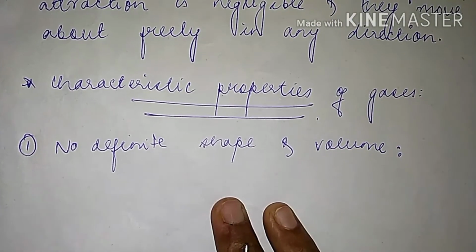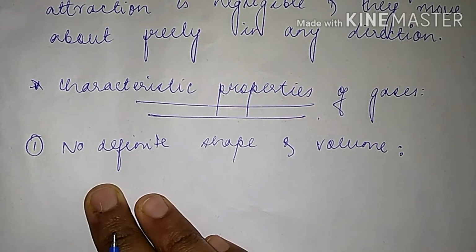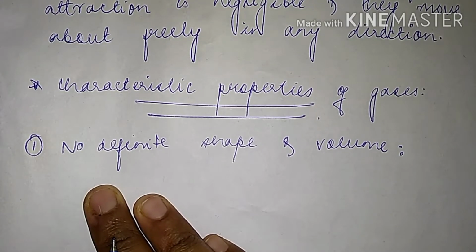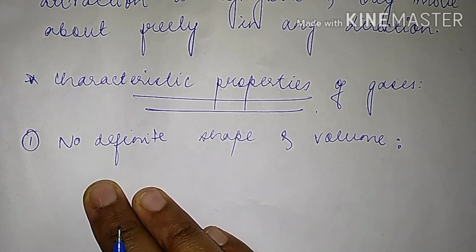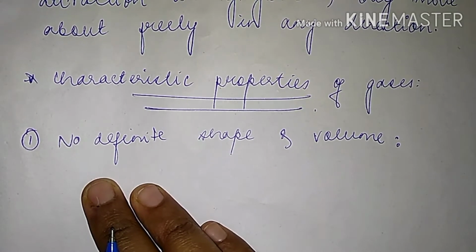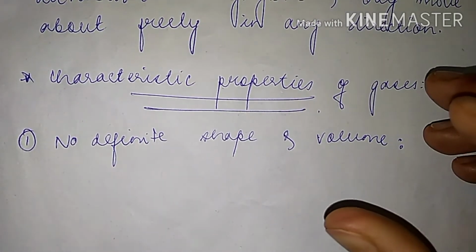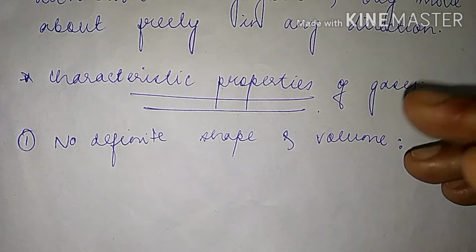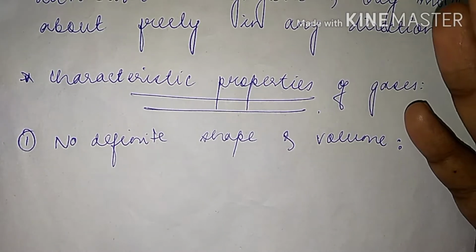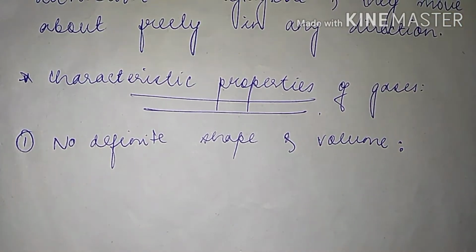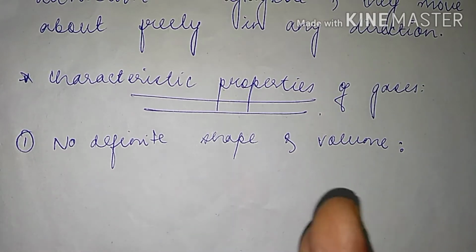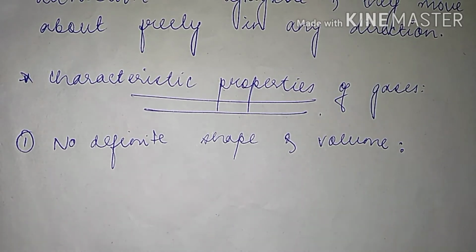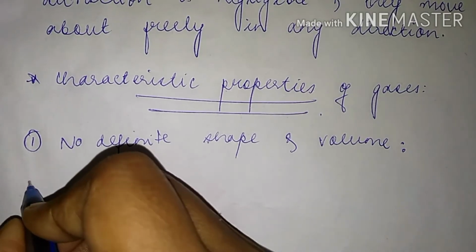This means that the molecules in gases are very far apart from each other. That is, the intermolecular force of attraction in them is very small, as a result of which the molecules in gases are in random motion and they occupy the volume of the container in which they are contained, and they do not have any specific shape and volume.